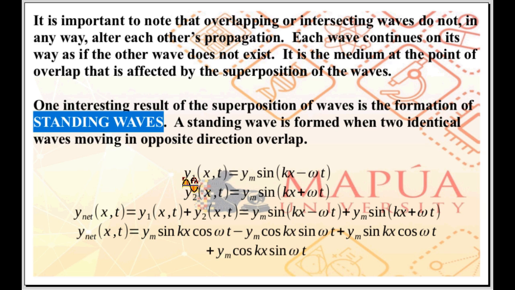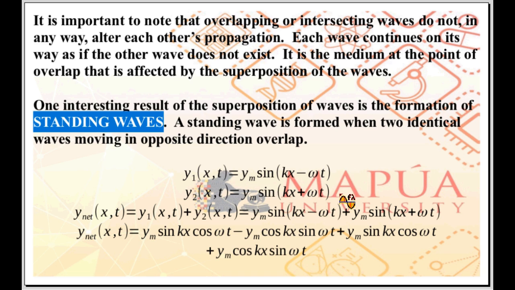Say we have two waves, y1 and y2. Say y1 is equal to ym sine of kx minus omega t. You have a sine wave heading in the positive x direction with zero phase constant. y2 is identical to y1 except that y2 is heading towards the negative x direction. y2 is equal to ym sine of kx plus omega t.